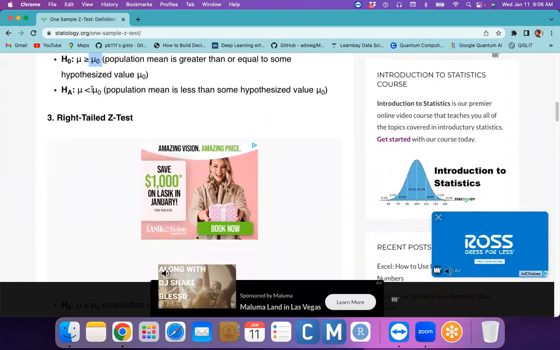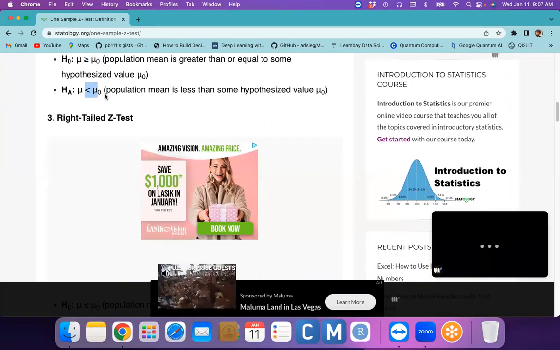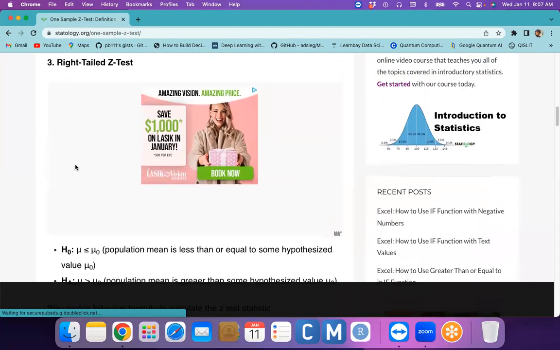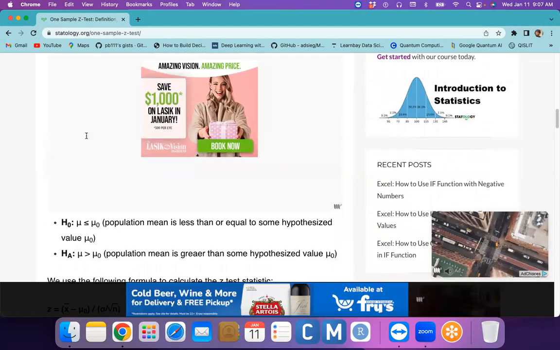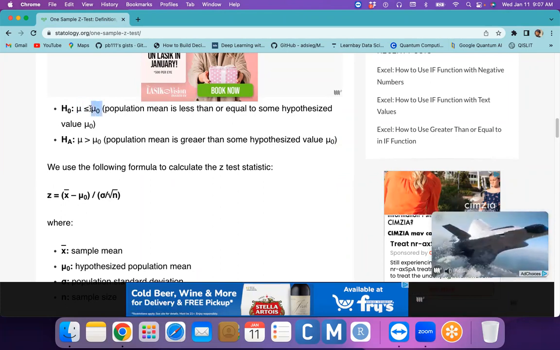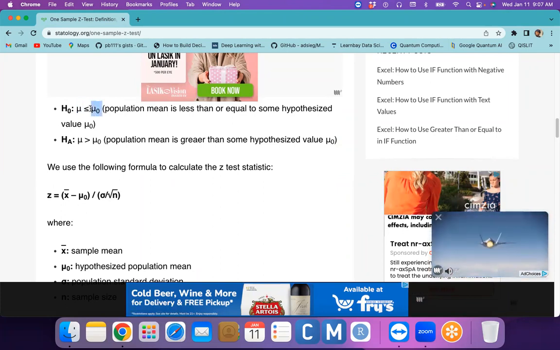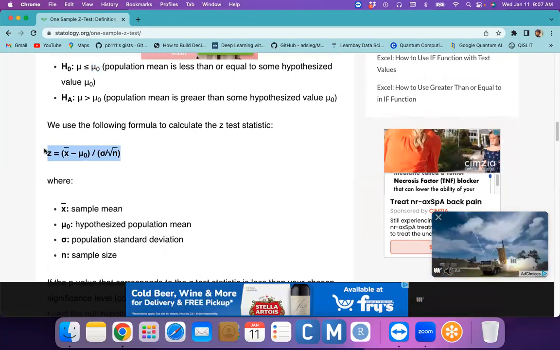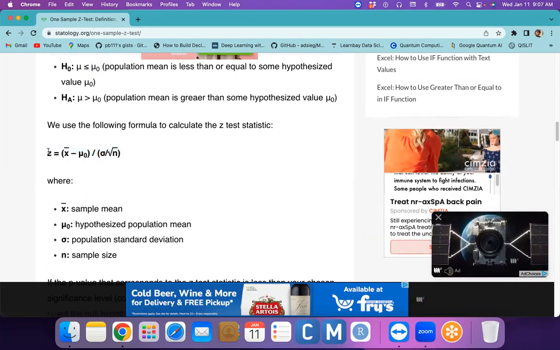Okay, if it is rejected, then your population mean is less than the specific value. For example, right tail. Right tail in the sense your population mean could be less than or equal to your specific value.